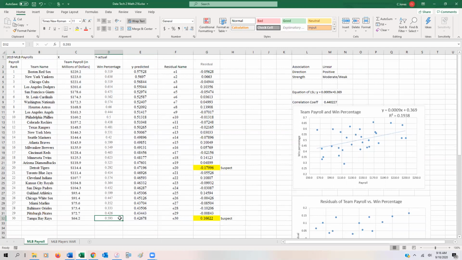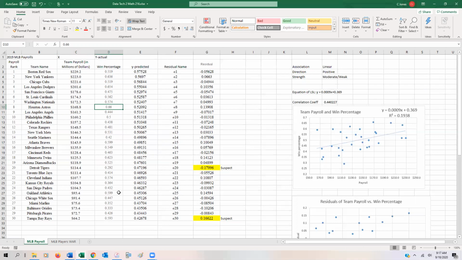If you look at the win percentage, they're only behind teams like the Minnesota Twins, who also spent a relatively low amount. They're in the bottom half. And then, of course, there's the Yankees, who spent almost more money than anybody in baseball and did have one of the highest winning percentages. Similarly to the Astros, who spent a lot of money and had the highest win percentage in baseball.